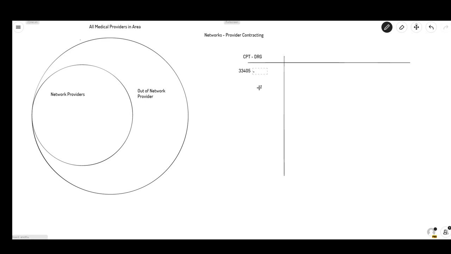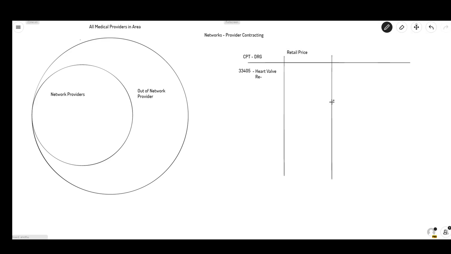And so 33405 is, I believe, a heart valve replacement, and that's not necessarily important, but I'm using this for illustration in this example so that we can show you how they work. If I'm incorrect, forgive me, but we're going to pretend that this is a heart surgery of some kind. So a provider who performs this procedure is going to have a retail price that they charge for that.